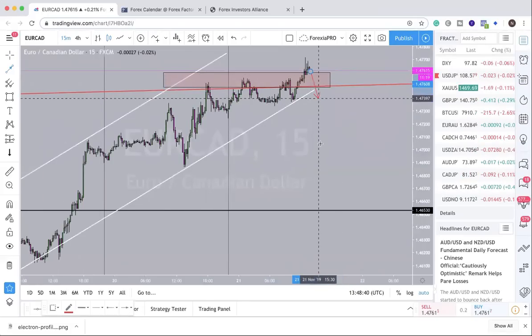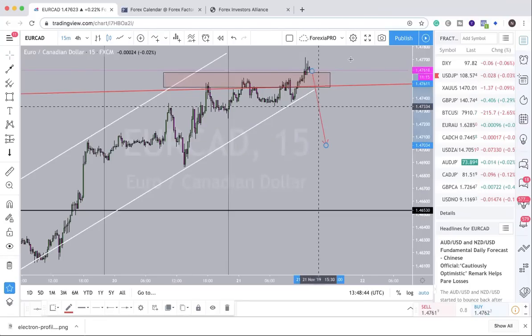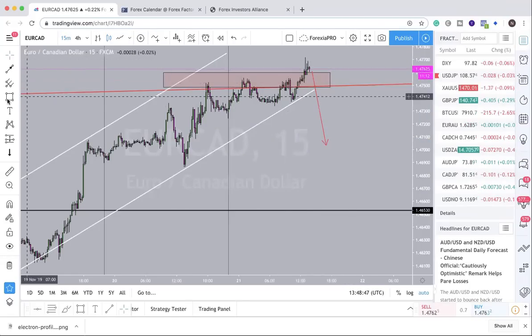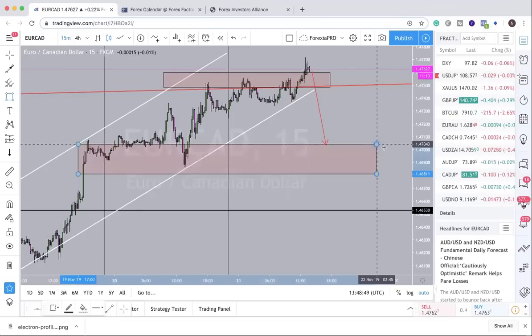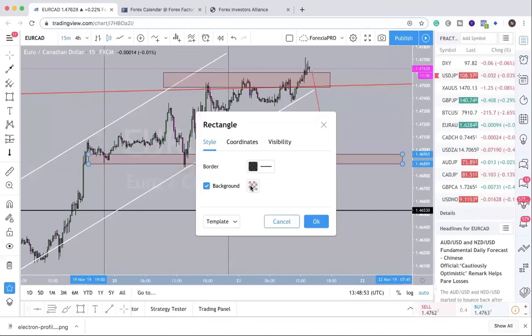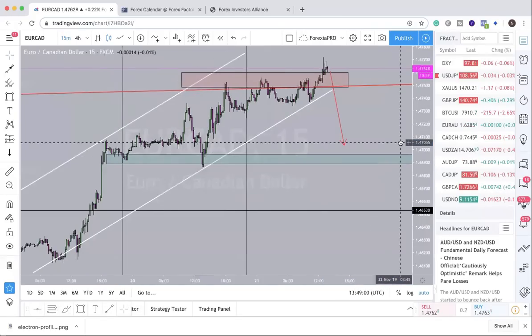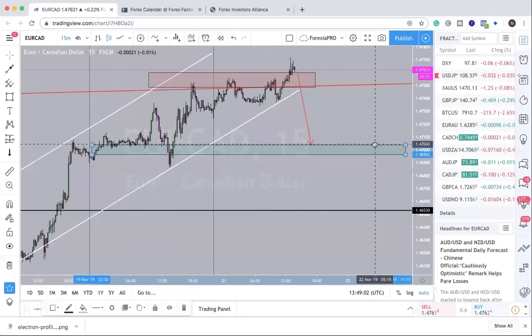This could very well be a sell setup. However, I personally am getting in Euro USD. I'm in Euro USD. I'm not in this. I wouldn't get in this because Euro USD, in my opinion, looks like a better trade.